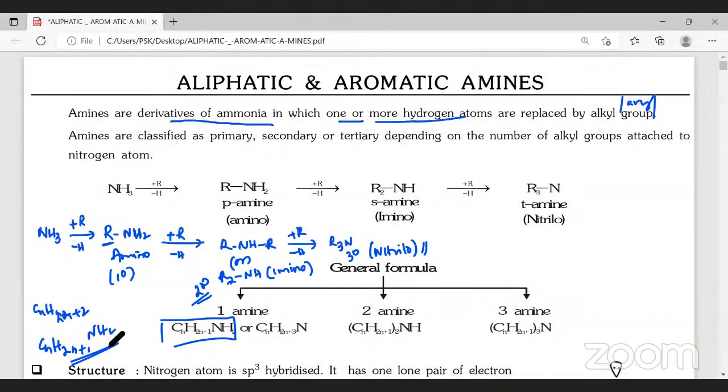Similarly, the general representation of secondary amine is (CnH2n+1)2NH and (CnH2n+1)3N will be the general formula of tertiary amine. So I hope that you're understanding what I'm telling. Are you there?